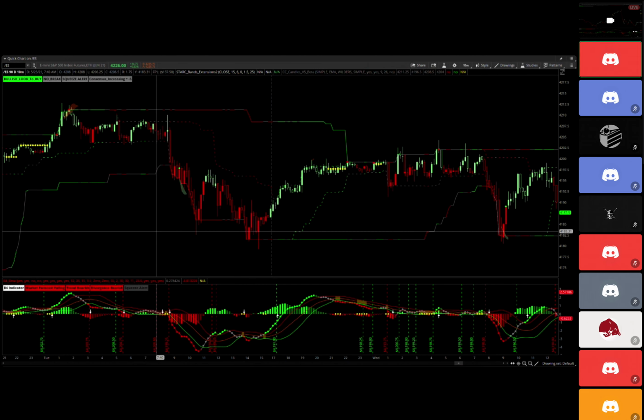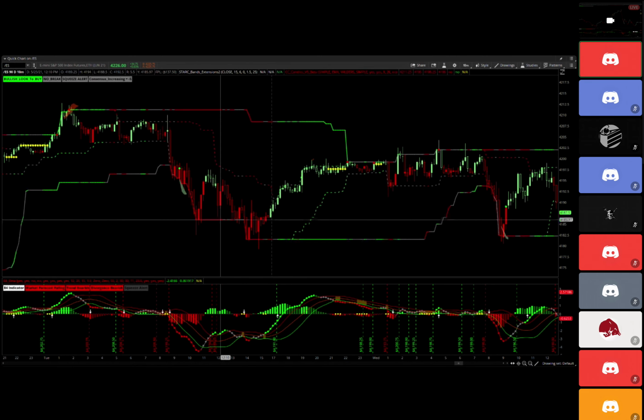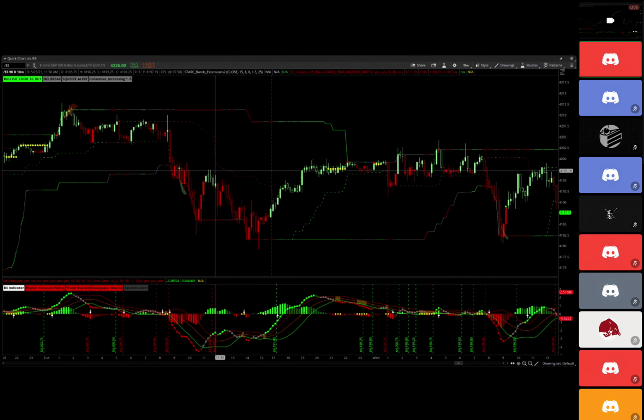Now, the play that would have been hard on most new traders, including myself when I started, I probably would have looked to buy something like this, which is the wrong time to buy. This is a red channel with a green candle, nearing resistance.